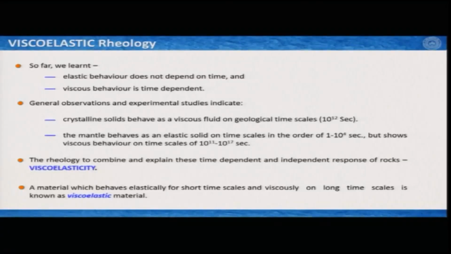We combine them together in different ways, and then we can apply this viscoelasticity to explain the behavior of the deformation. And the materials that have the property that in short time scales they behave elastically and long time scales they behave in a viscous manner are known as viscoelastic material.